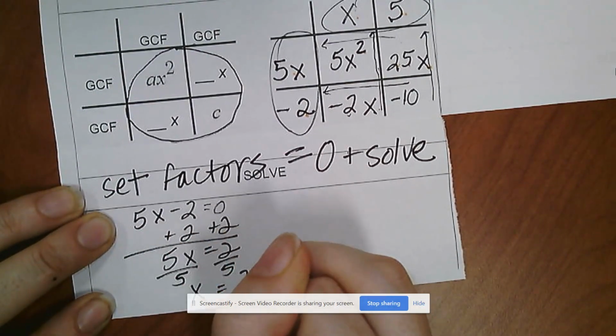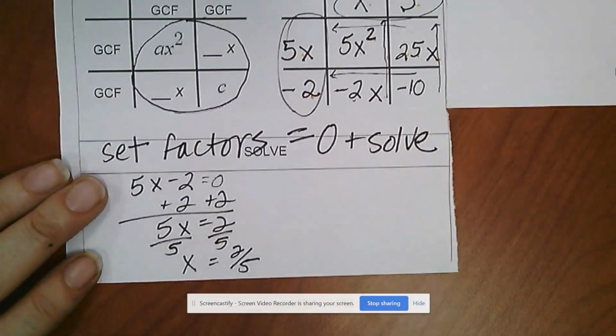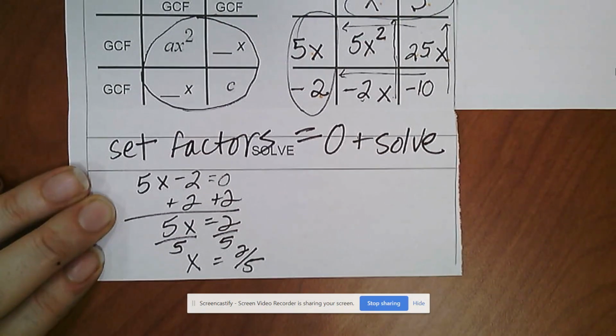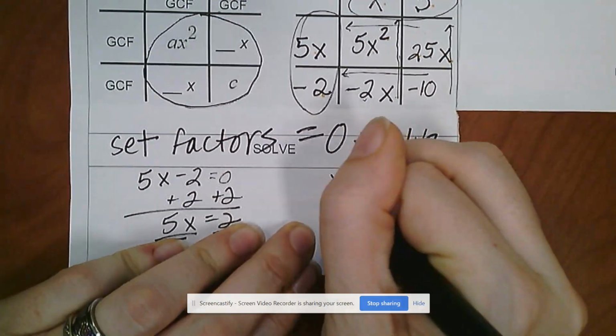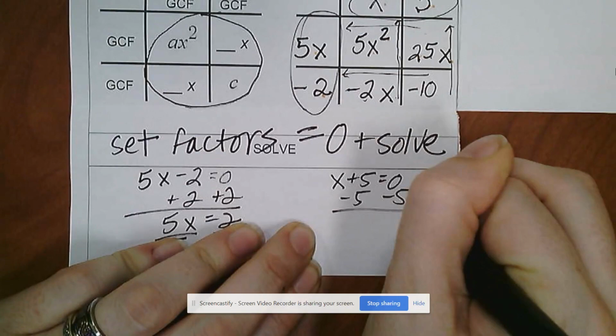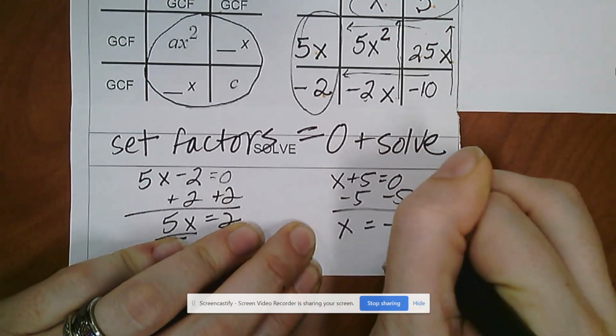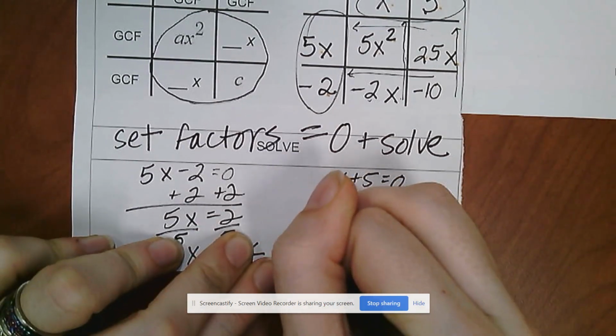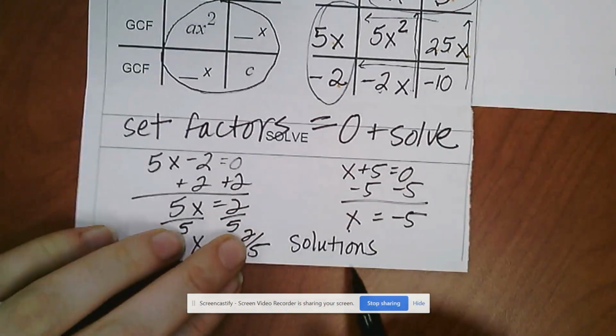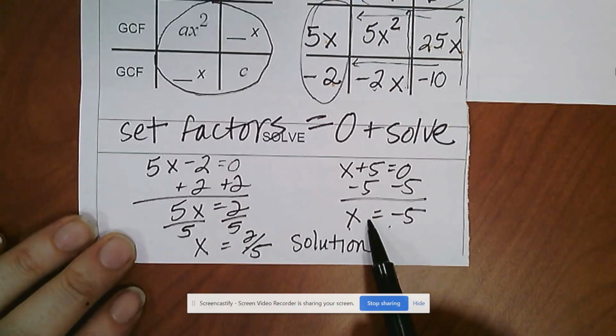So one of my solutions is 2/5, and we're just going to leave that as a fraction. My other factor was x plus 5, and I'm going to subtract 5 on both sides, and I'm going to get negative 5. So these are solutions. So if you're told to solve, these are solutions.